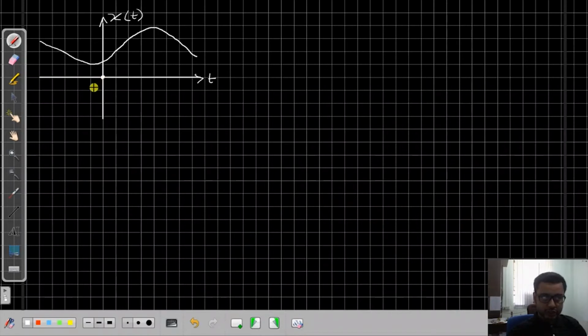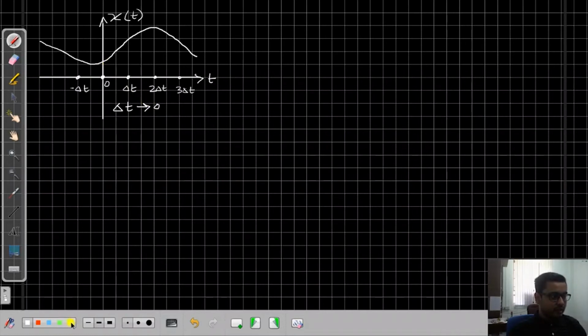This is t equal to 0. Call this time t equal to delta t. Then this time is 2 delta t, 3 delta t, on the other side minus delta t, and so on, such that delta t is very small, as you can imagine, tending to 0.